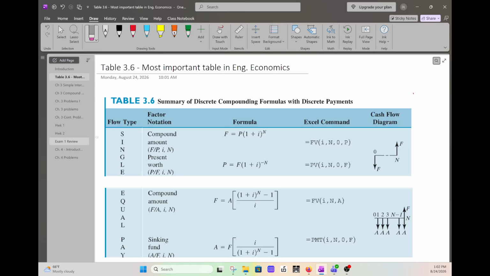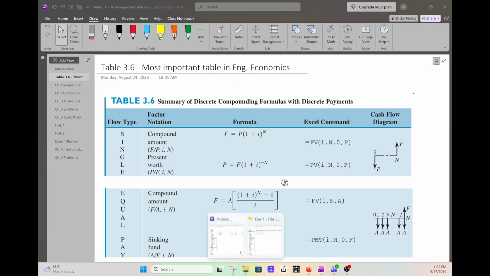Now, another thing I haven't shown you yet. In your book there are tables that you can use. Hold on one second and let me find them.